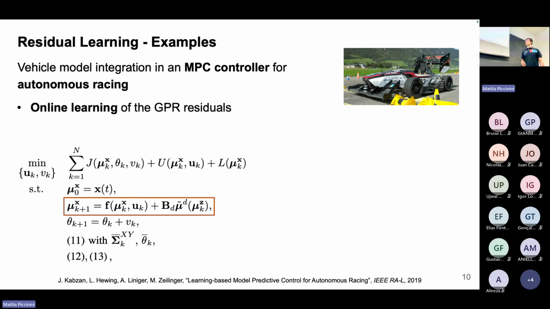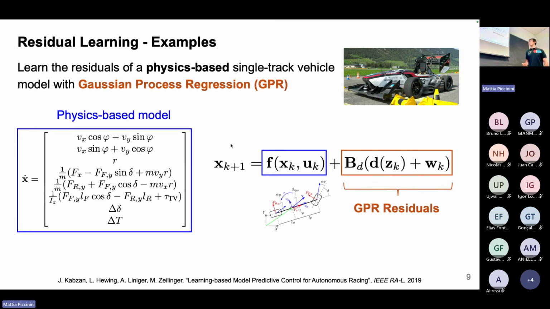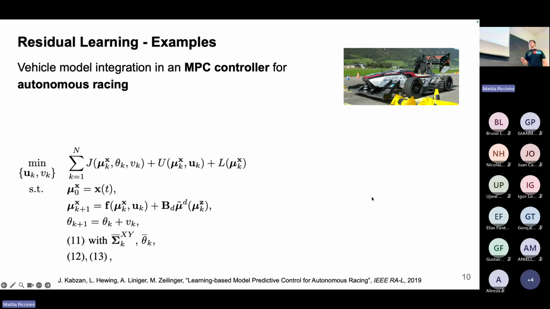And they were using it actually to do online learning. So they were learning online the residuals. So this part here was learned online. The physics-based part was kept fixed. The other part was actually learned online using a dictionary of data points that were added as the vehicle was driving on their race line.